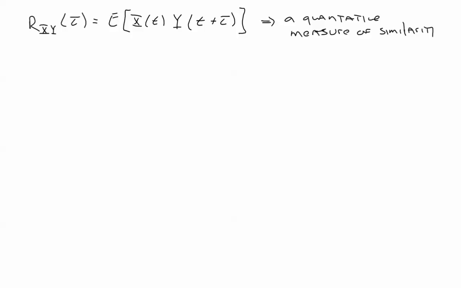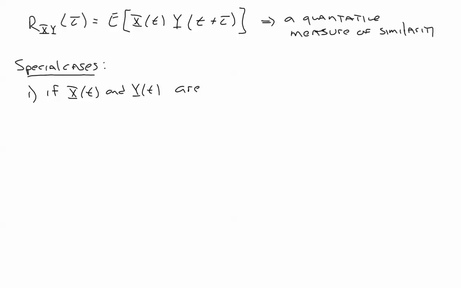Let me give you some special cases. One, if x of t and y of t are what we call orthogonal, then the cross correlation is always and everywhere 0.